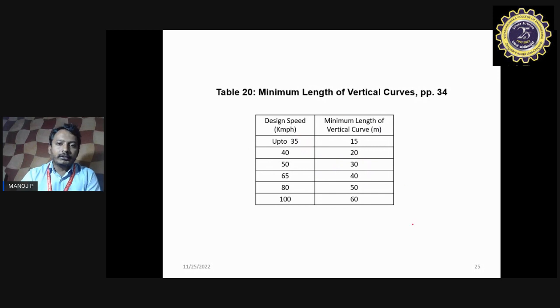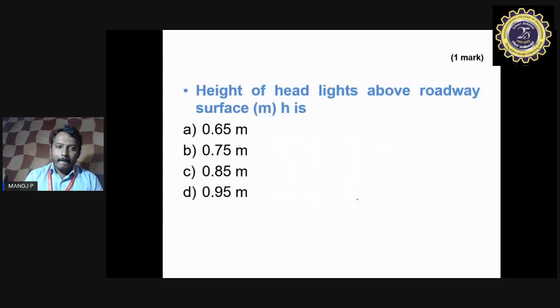Directly, when they ask you what is the minimum length of the vertical curve for a design speed of 65 kilometer per hour, then you can say that it is 40 meters. And what is the minimum length of vertical curve for 100 kilometer per hour? It is 60. These are the values provided by IRC.